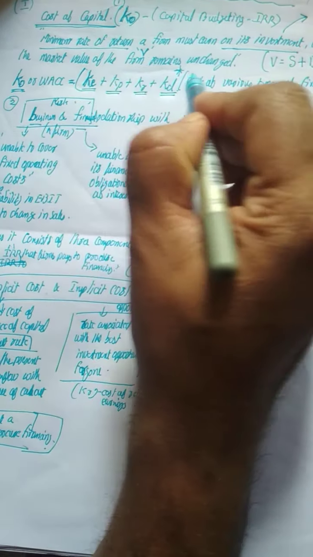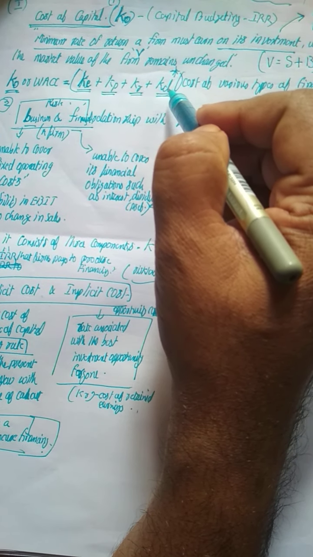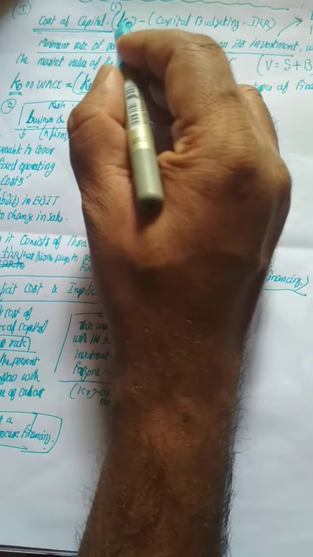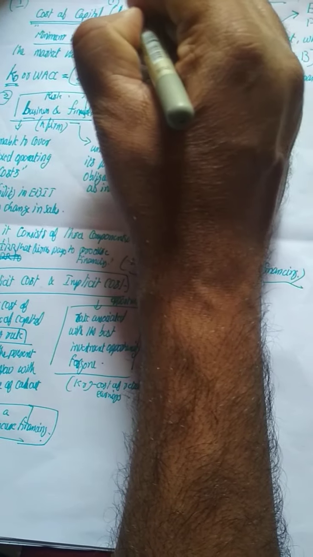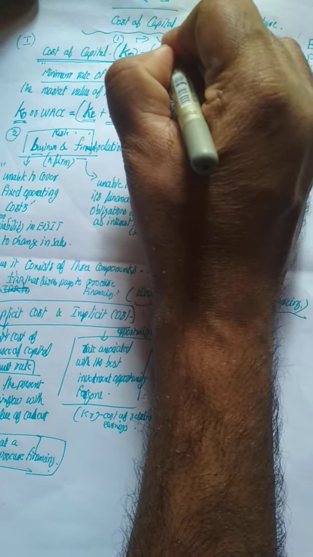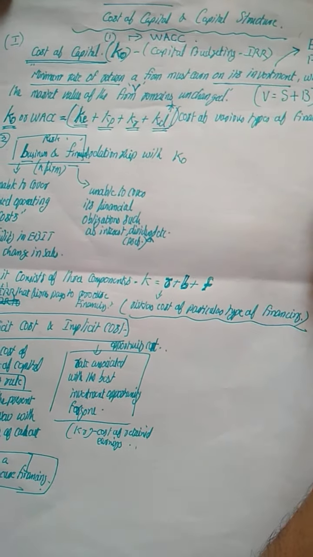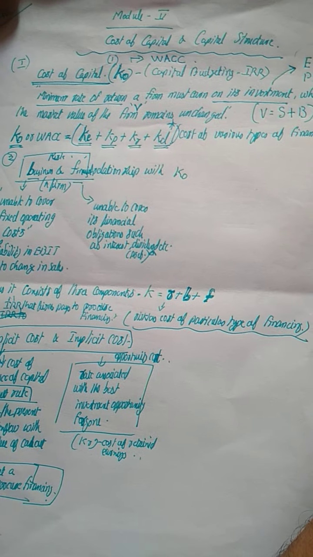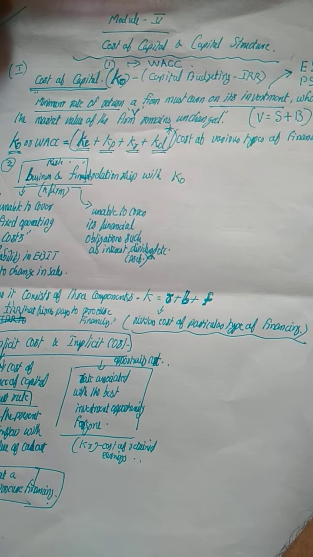All these constitute cost of capital or overall cost of capital. So in this chapter we will be dealing with KO, which is also known as weighted average cost of capital. This is another term for overall cost of capital, weighted average cost of capital.